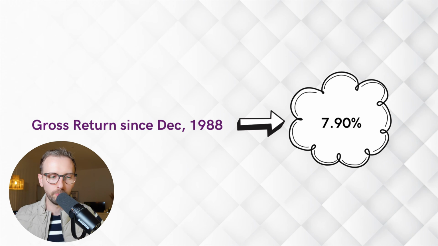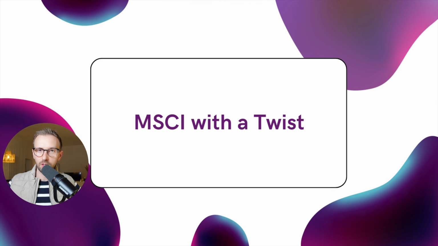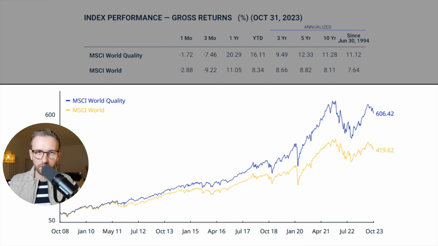MSCI obviously reveals the long-term returns of the index. So the gross returns since 1988 have been around 7.9% compounded annually. Now, how can we add a twist to this passive investing strategy? Well, here's the MSCI World Quality Index compared to the MSCI World Index. And what you can see here is that ever since October 2008, the MSCI World Quality Index has outperformed the regular MSCI World Index by quite a margin.